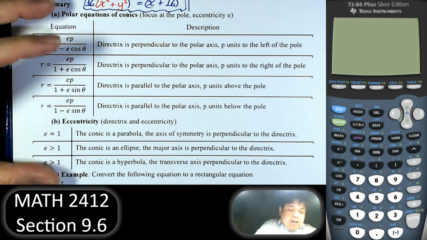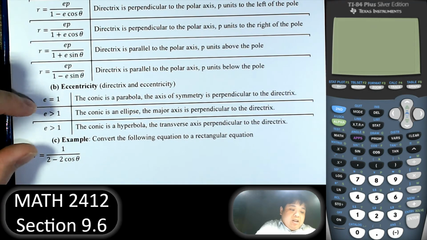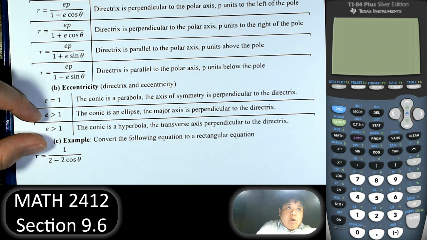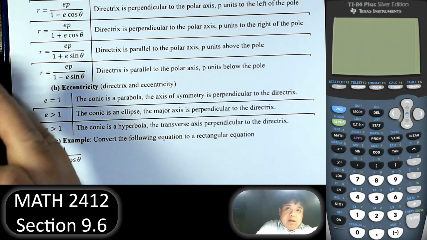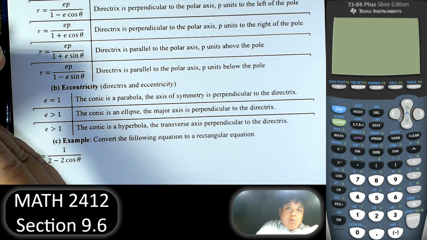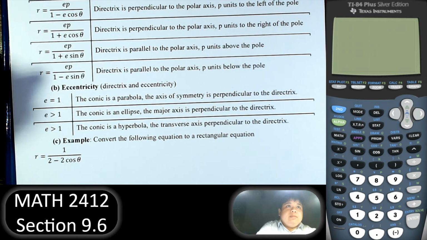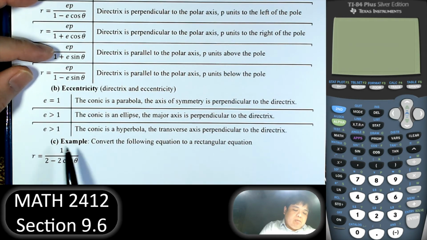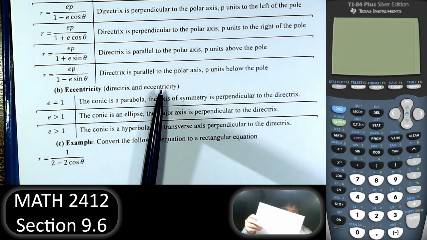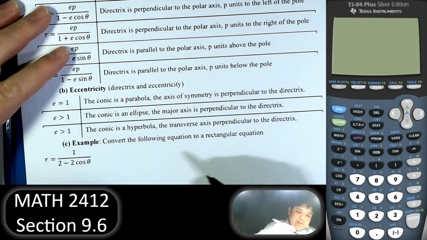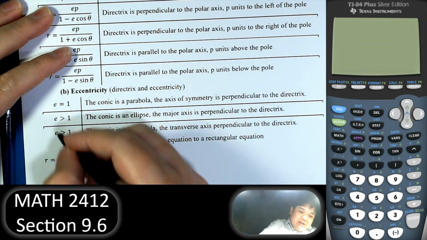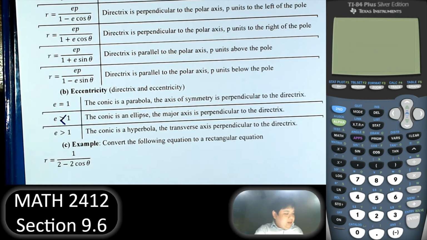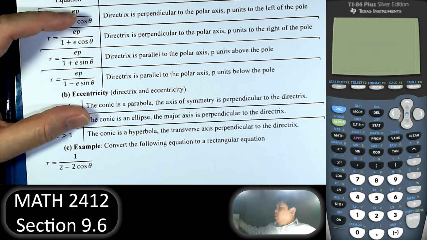But notice that what you need to know is the eccentricity: greater than 1 is a hyperbola, and equal to 1 is a parabola. Sorry, I copied and pasted and didn't pay attention. Less than 1 is an ellipse, and greater than 1 is a hyperbola.